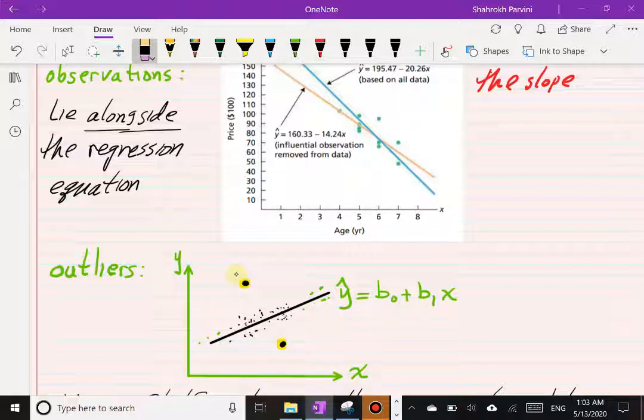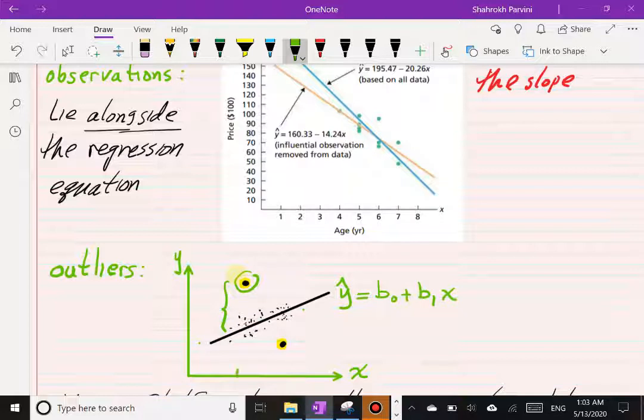Well, the ones that I have up there do not run alongside. These are actually away from the regression line, aren't they? Look at this one. You see that? It sits directly above the regression line.